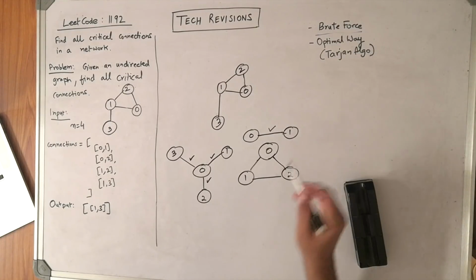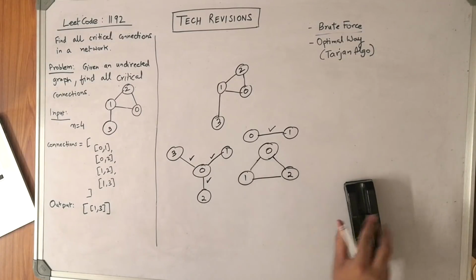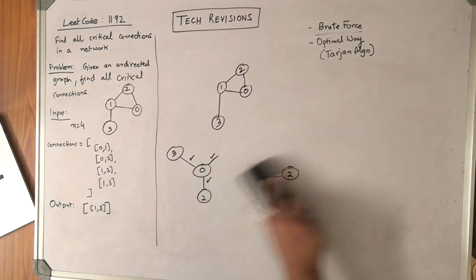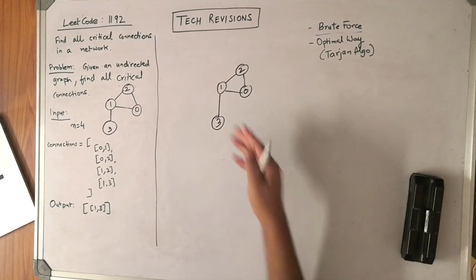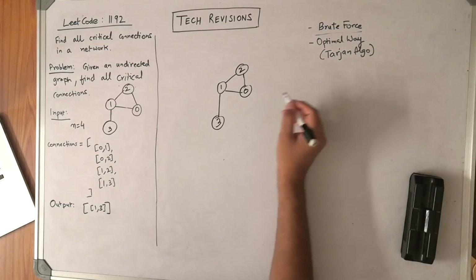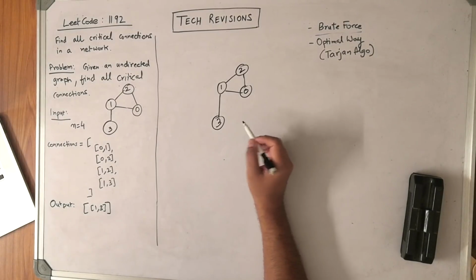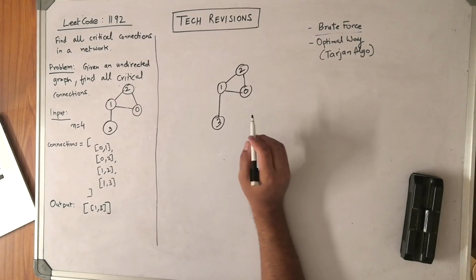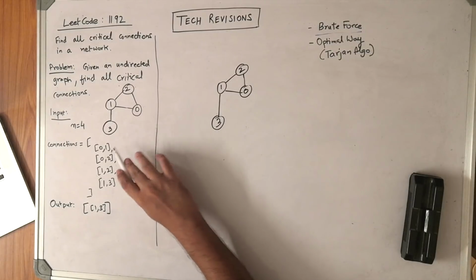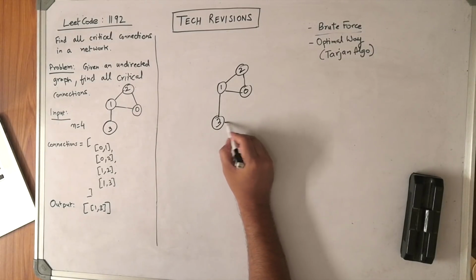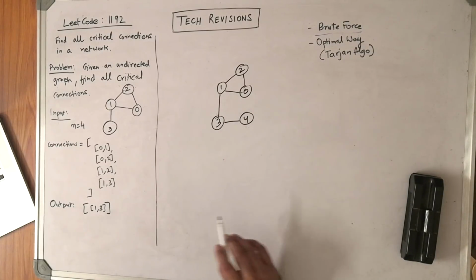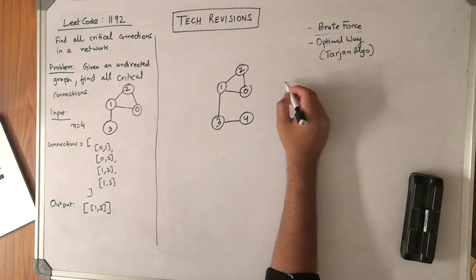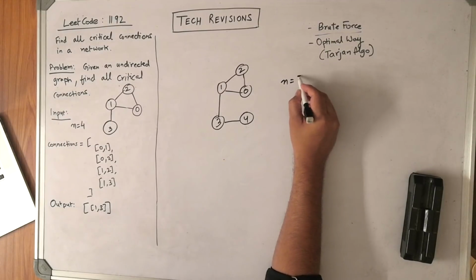Now let's jump into the brute force way of solving this problem. Let me just remove this. Let's look at this particular example, and to explain the problem in a better way, I will take a slightly modified version of this graph. I'll add one more node and one more edge to it, which is 3 to 4. So now your n is going to be 5.